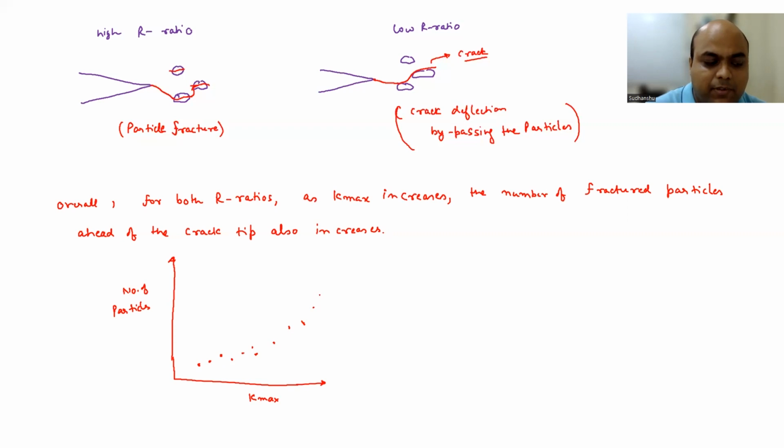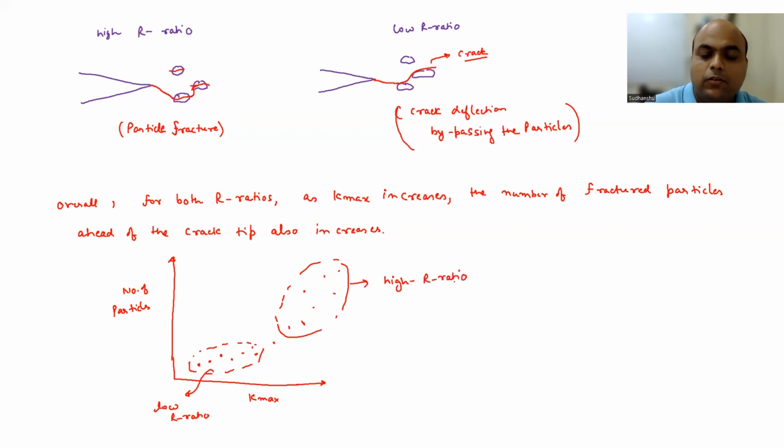I'm just drawing some rough data. So this could be for your low R ratio. And this higher region is for high R ratio. So overall, high R ratio will always lead to a higher number of fractured particles as compared to low R ratio. That is point number one.